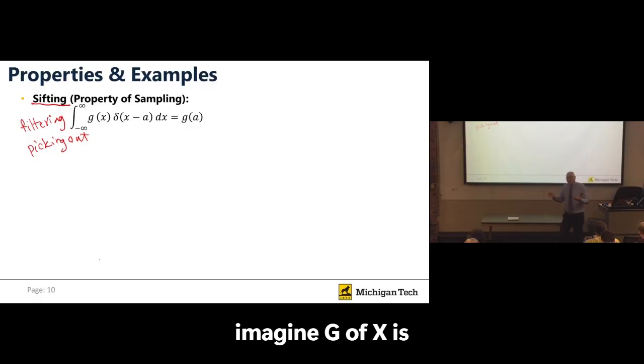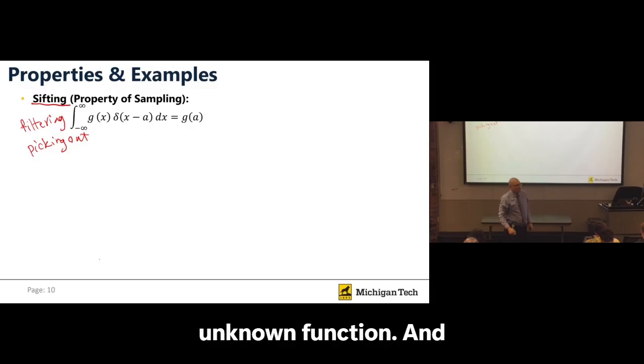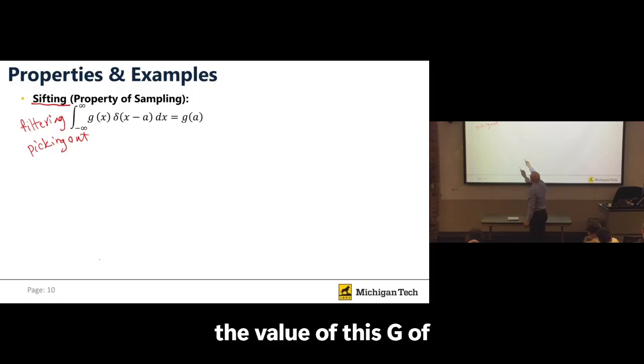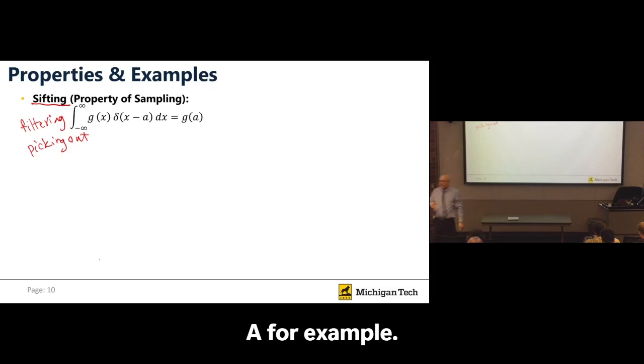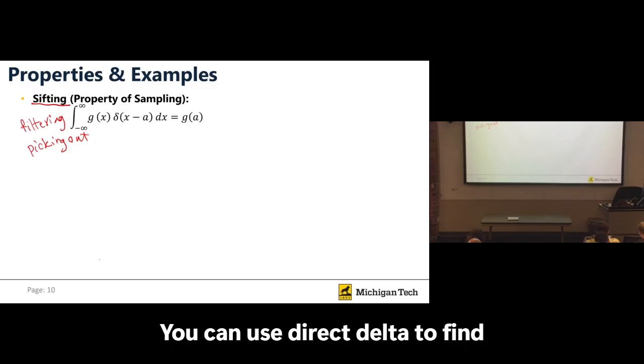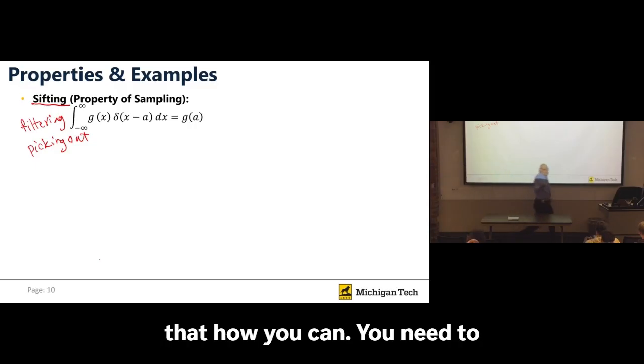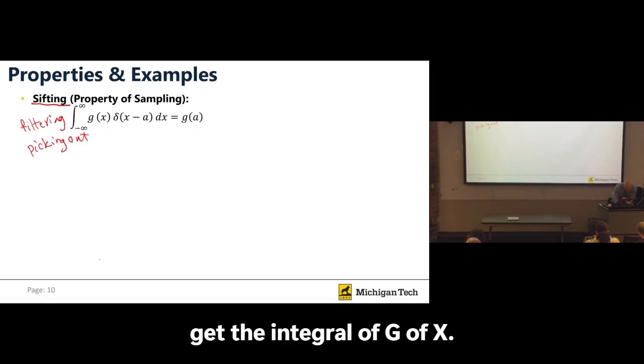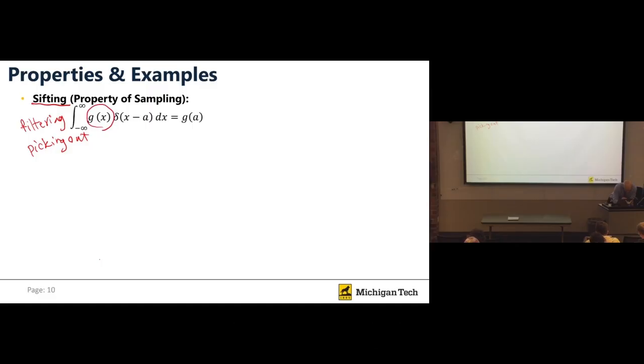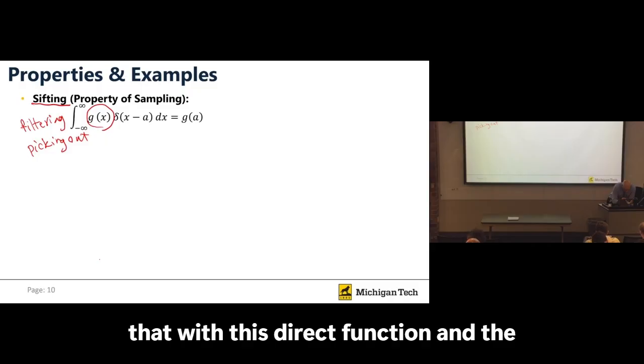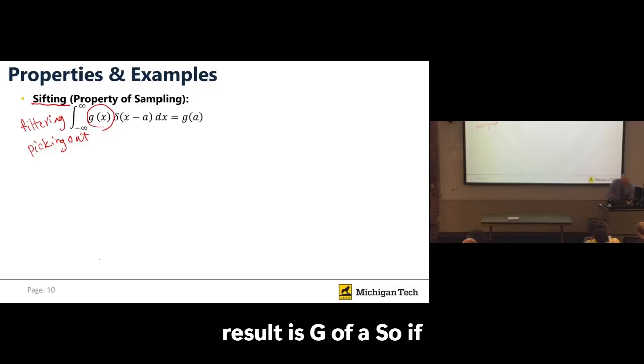Imagine g of x is an unknown function, and you want to see the value of g of x at point a. You can use the Dirac delta to find that. How? You need to take the integral of g of x multiplied by the Dirac function, and the result is g of a.